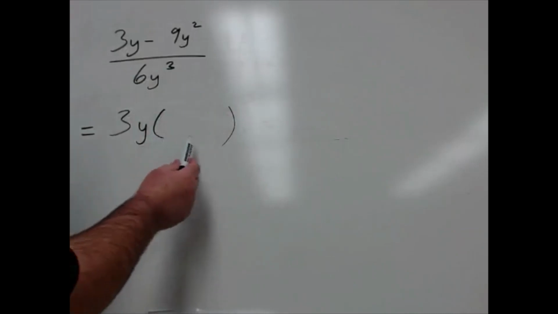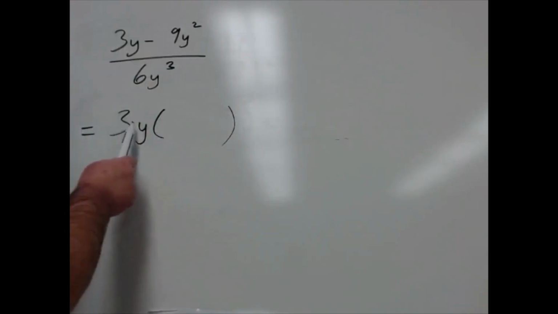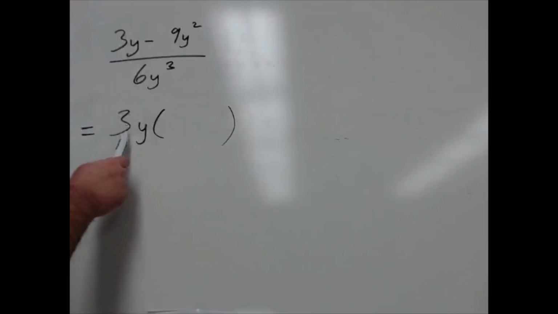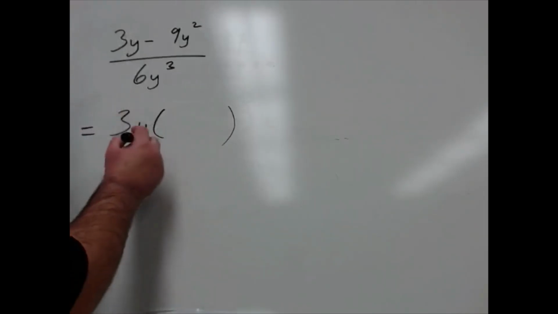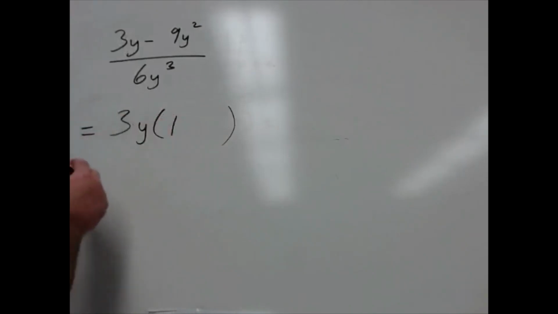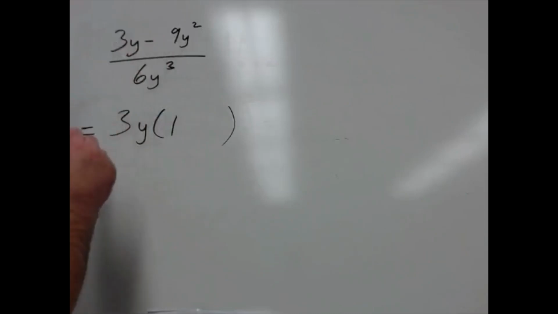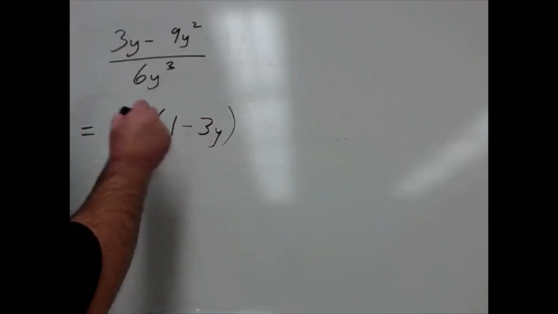So now to find out what goes inside of the bracket here, I need to find out what multiplies by my greatest common factor to give me this numerator. So 3y times what gives me 3y? Well, 3y times 1. 3y times what gives me negative 9y squared? So that would have to be negative 3y.